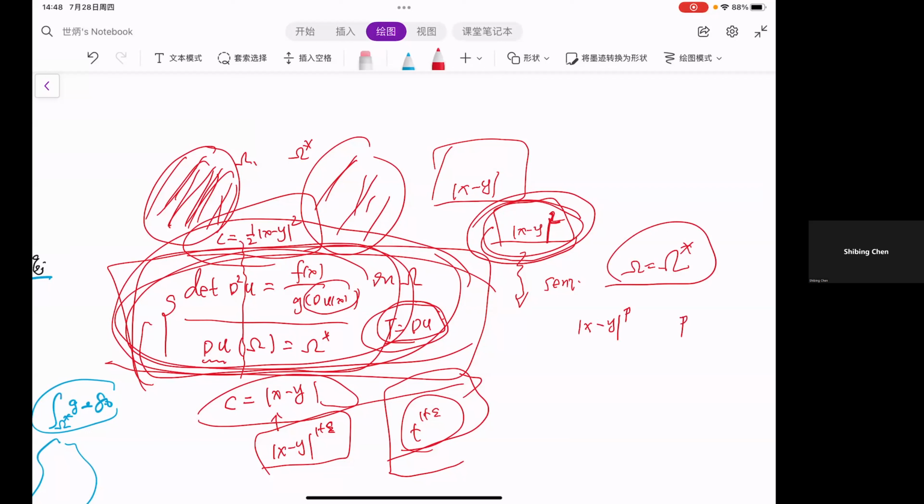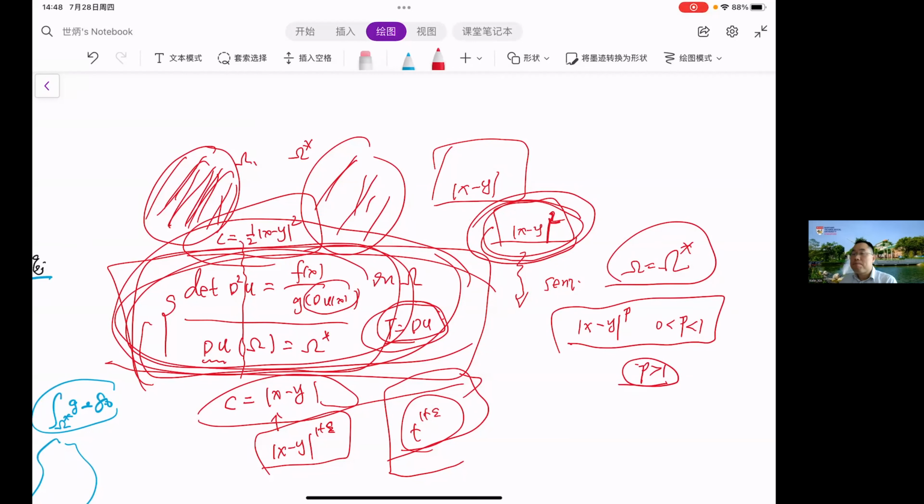For analysis people, we are interested in the range p greater than 1, because in this case it's strictly convex. It looks like they are interested in this one, if I am correct. Okay. Yeah. Thank you.